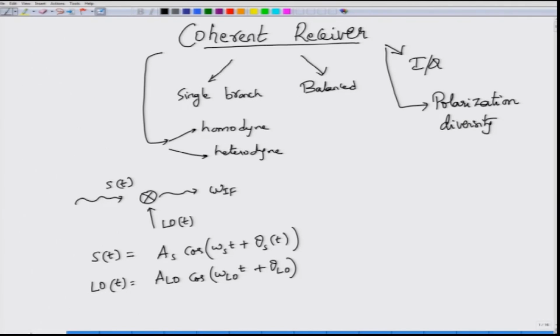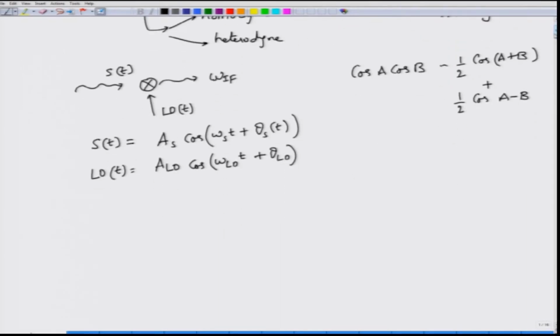If we assume these two signals, you can multiply them and utilize the formula for cos A cos B, which is half of cos of A plus B plus half of cos of A minus B. Because these two are cosine signals, I can multiply them. I will not show the details, but this is a very simple fact that you can find by applying the trigonometric formula.